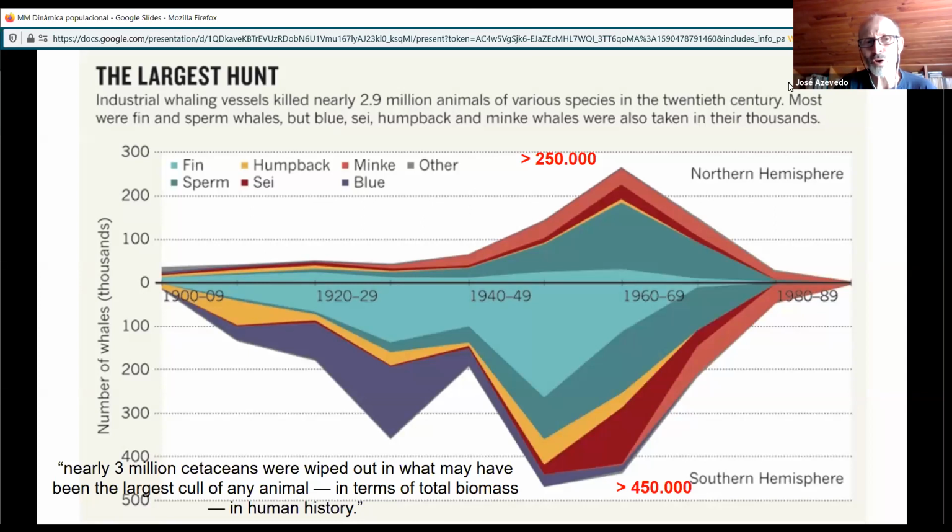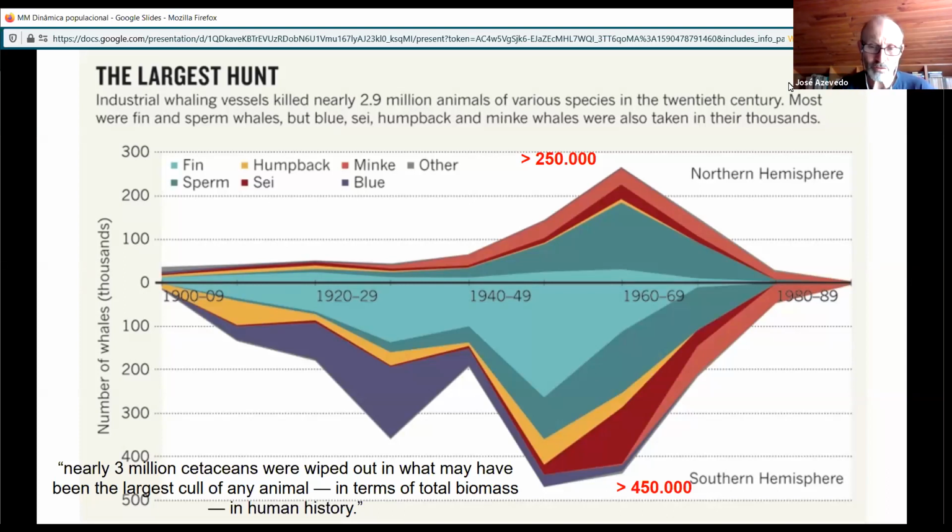In the peak, you can see there for the northern hemisphere and for the southern hemisphere, the number of whales killed per decade. In the northern hemisphere, most of the slaughter was based on sperm whales, including the Azores, where some of you are, and in the peak of the hunt, you had more than 250,000 whales killed per decade, which is about 25,000 whales killed per year, most of them sperm whales. In the southern hemisphere, that was even worse.